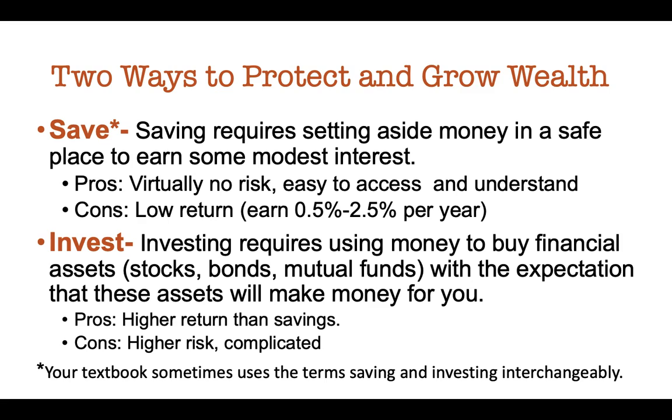I'm distinguishing between the two because investing is a high-risk option and saving is virtually risk-free. So saving is the option that the textbook defines as balances in bank accounts. So very, very low risk, pretty low rate of return, and also very liquid, easy to access and easy to understand.